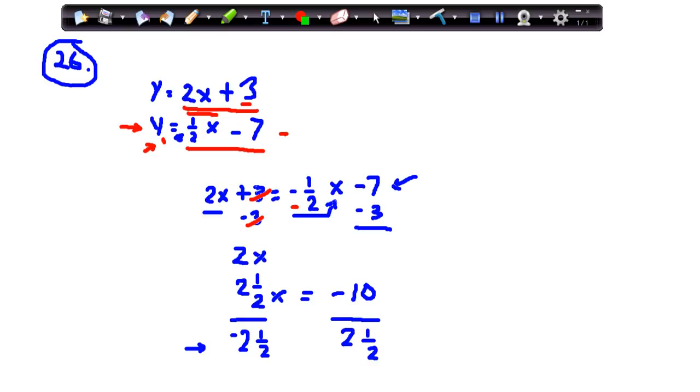Why? Because we're on the opposite side of the equation. But whatever I do to one side, I do to the other. Okay. So let's go ahead and divide these.